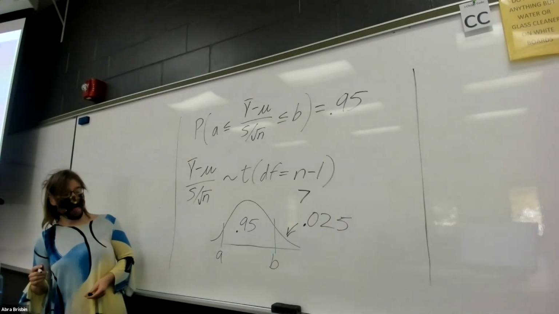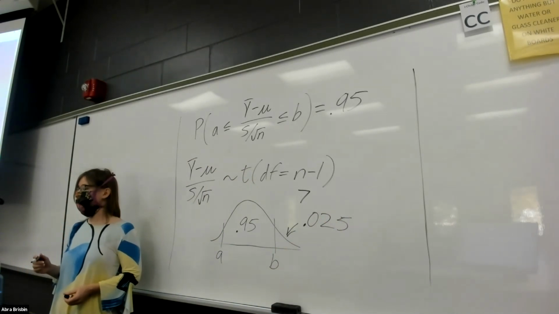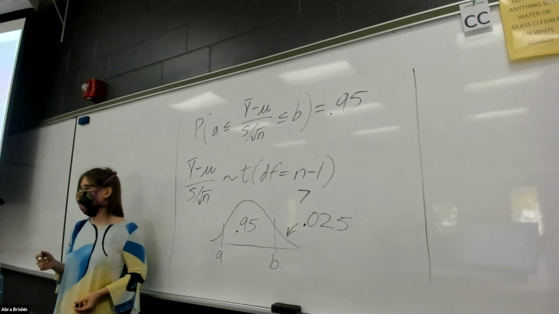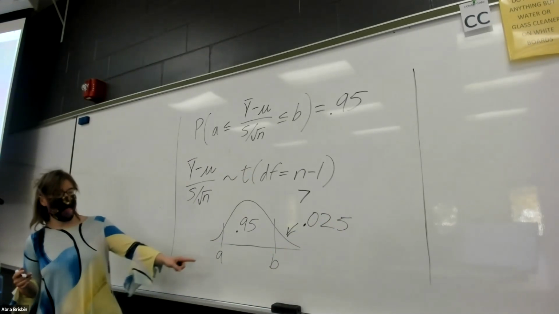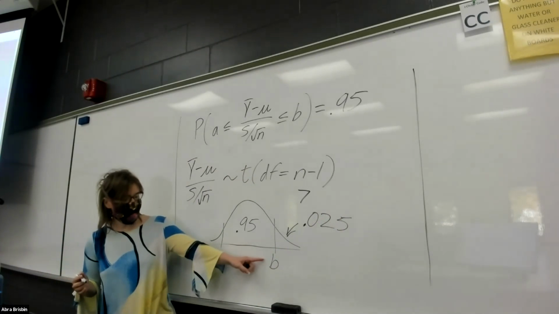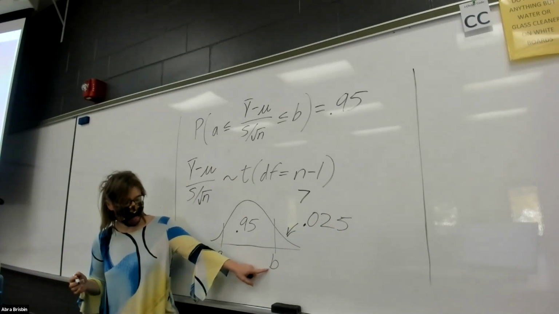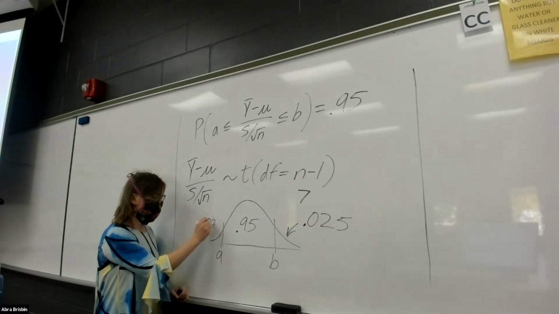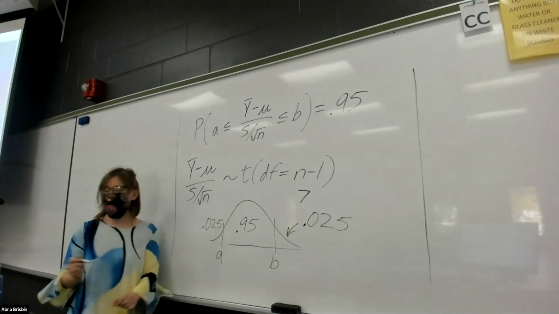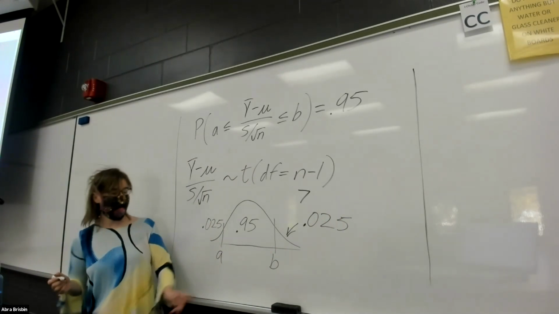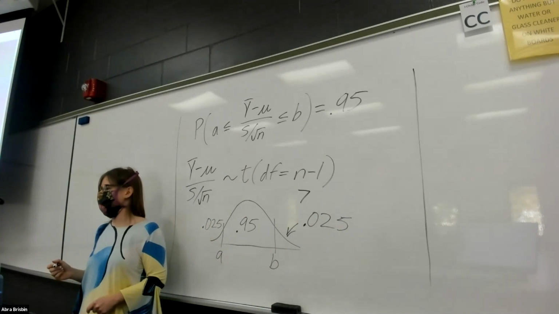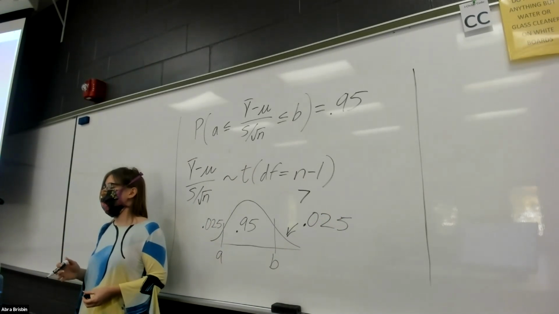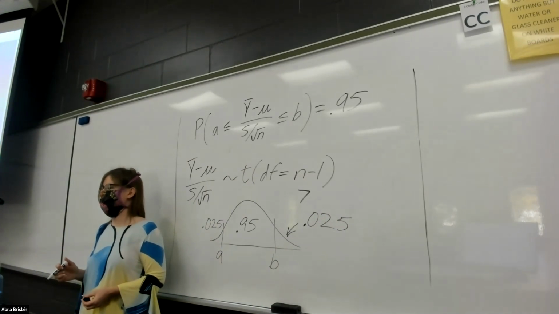So we can do that in R using the function qt. So q for quantile. So qt of 0.975 will get us B, because that's 0.95 plus 0.025. And qt of 0.025 will get us A. Or if your calculator has an inverse T function, you can do it on there as well.